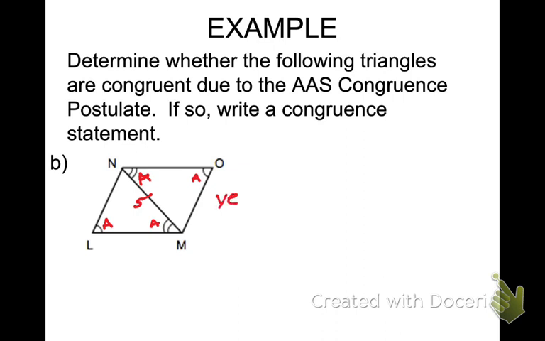So yes, triangle LNM is congruent to triangle L matches up with O, N with M, M with N, by angle side.